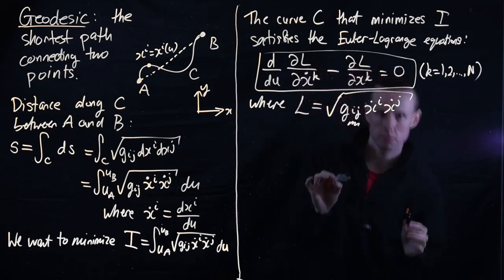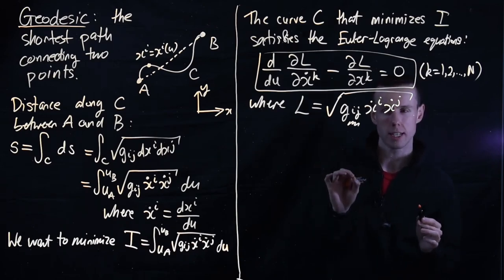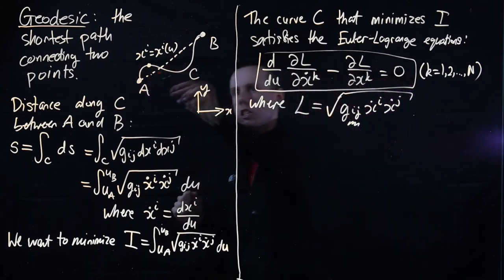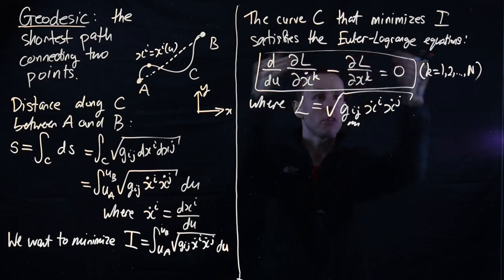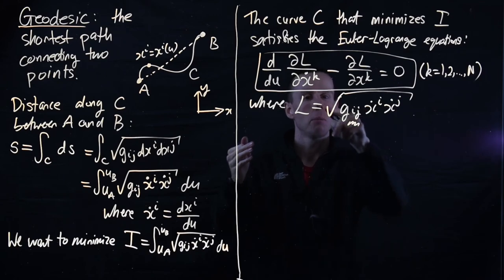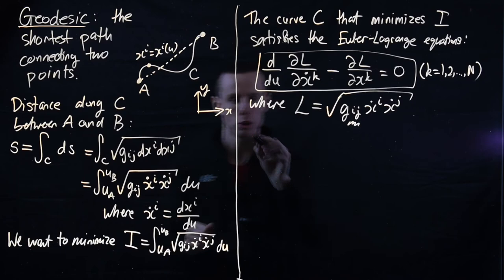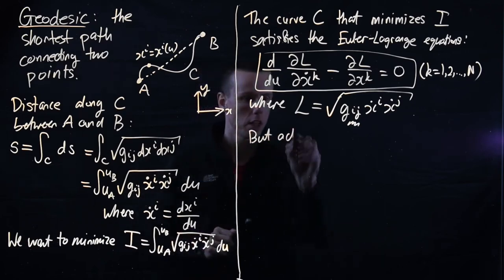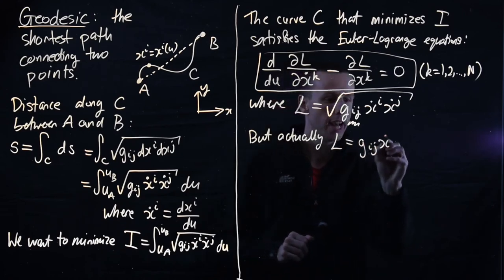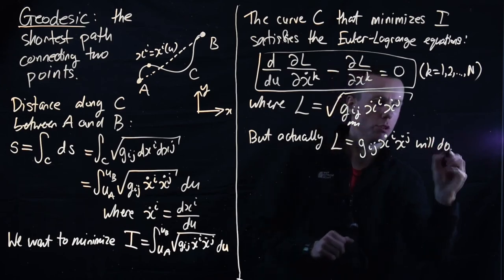So it turns out, and this is not completely trivial or as obvious as it might seem, we can get the geodesics if we do the same thing, use these Euler-Lagrange equations with this Lagrangian, but just forgetting the square root sign. So I'll just say here, actually L equals g_ij x dot i, x dot j will do.